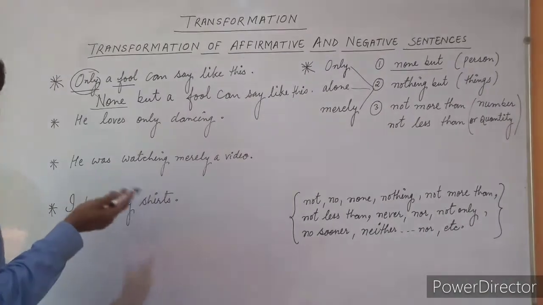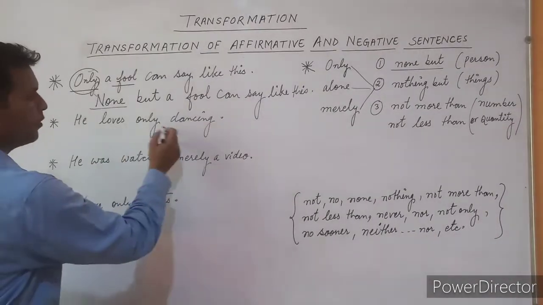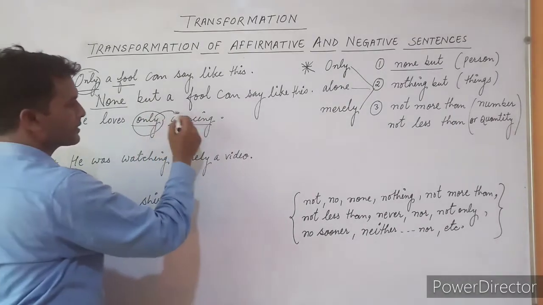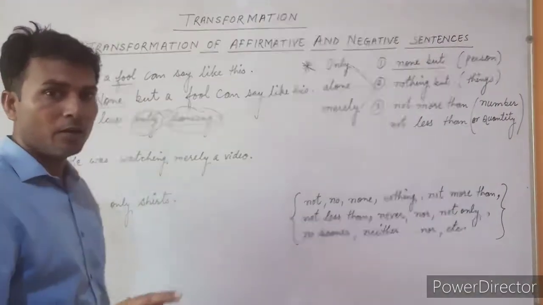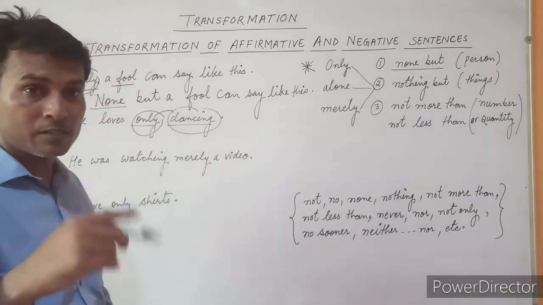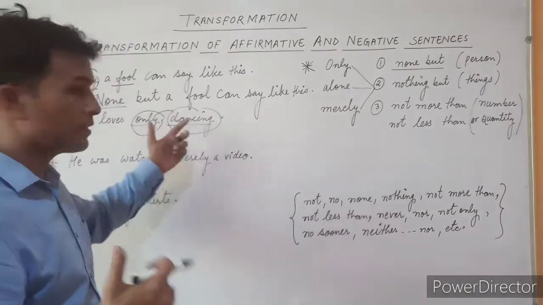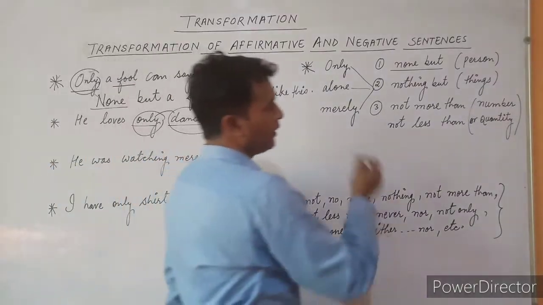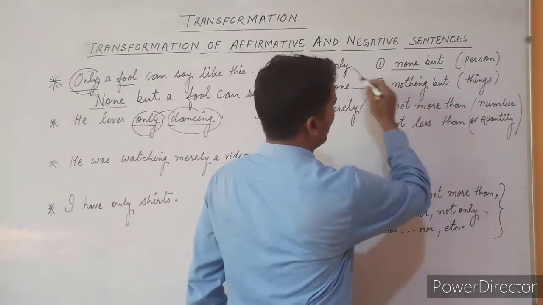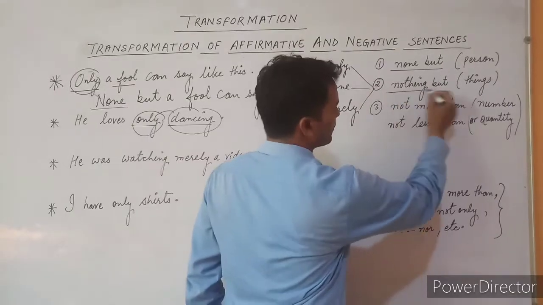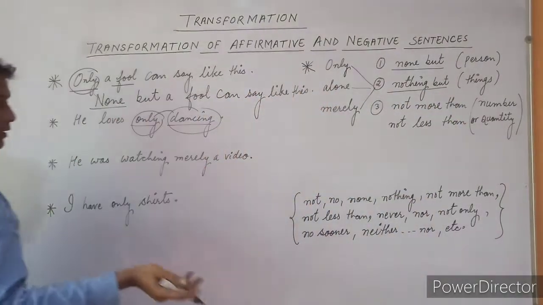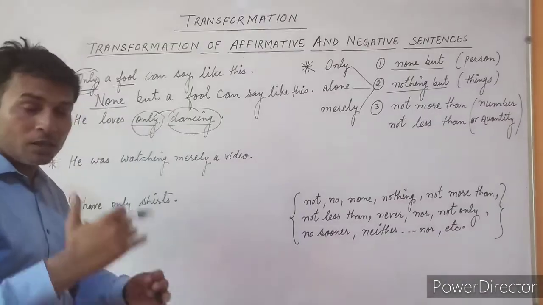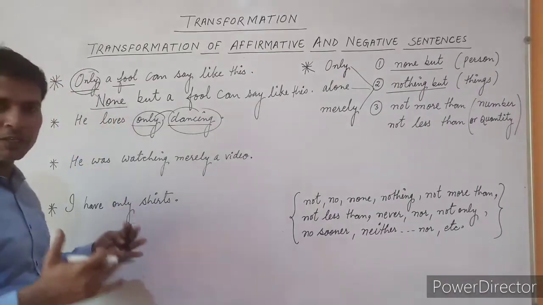Let's have a look at the second sentence. He loves only dancing. Here, only is used for dancing, and dancing is a thing, dancing is not used for a man. Dancing is a thing, right? So when it is a thing, then in place of only, we can use nothing but. So none but is not used only in the beginning of a sentence.